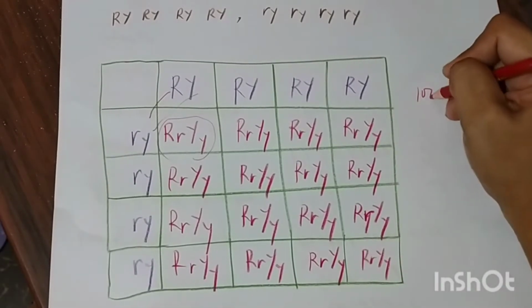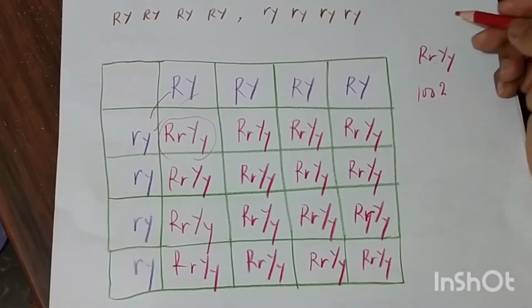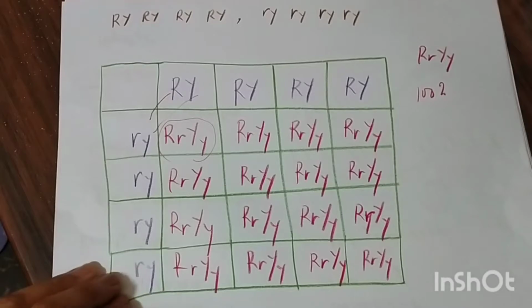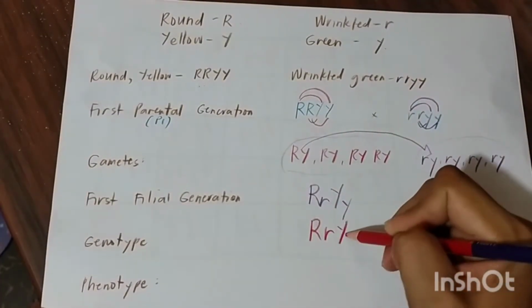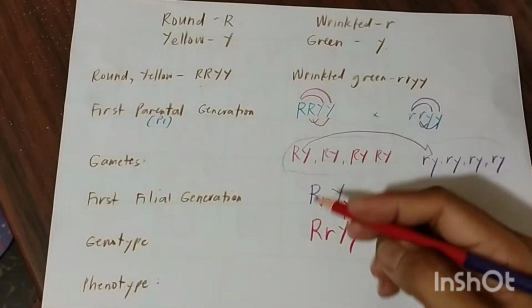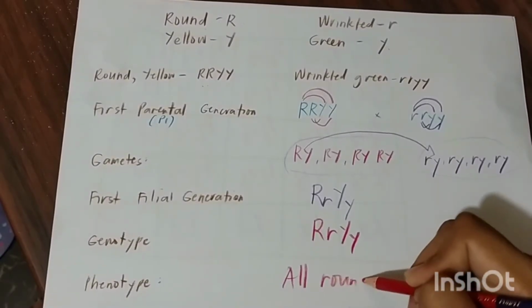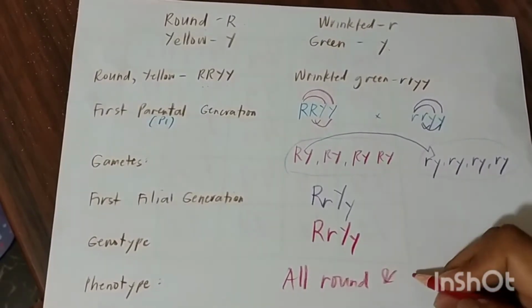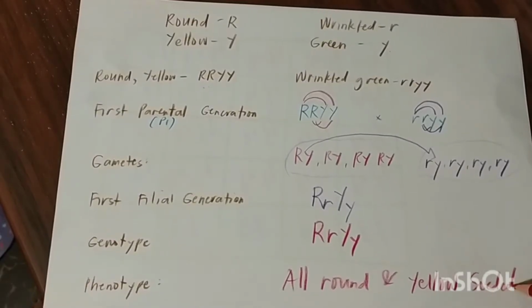Therefore, we have 100% heterozygous trait. So this is our genotype, and for our phenotype, we have all round and yellow seeded plants.